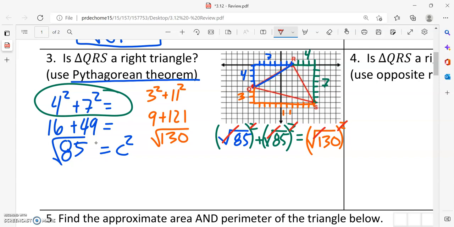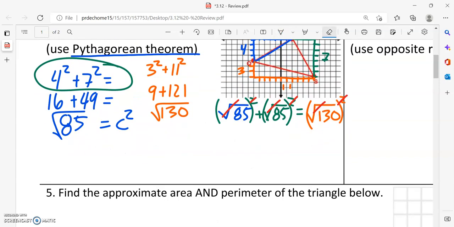This is 65. Oops. So let's be 65, 65, 65. My mistake, sorry. So they all cancel out. 65 plus 65 equals 130. And this is 130. So therefore, it checks out. So yes, it's a right triangle.